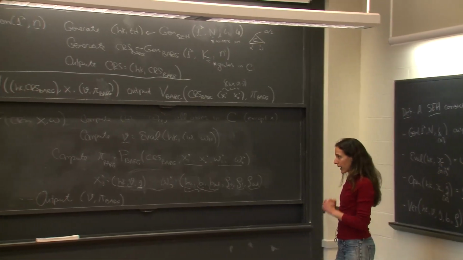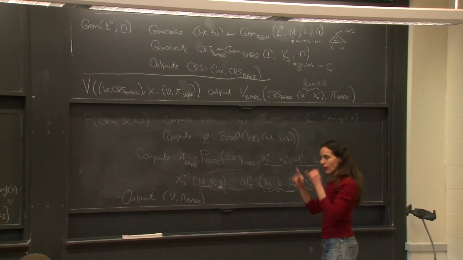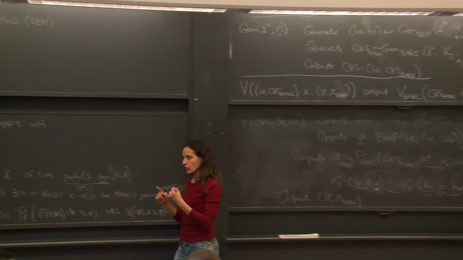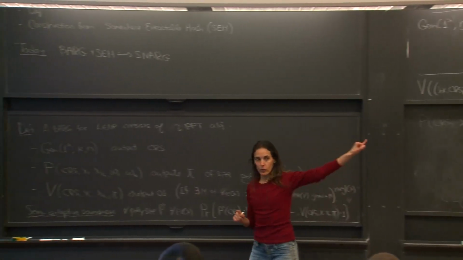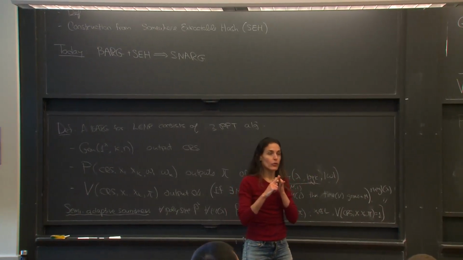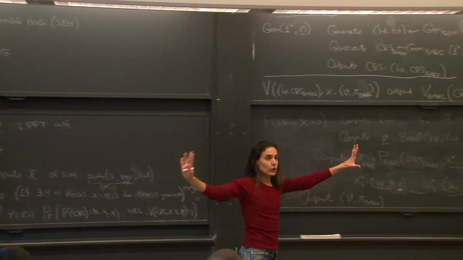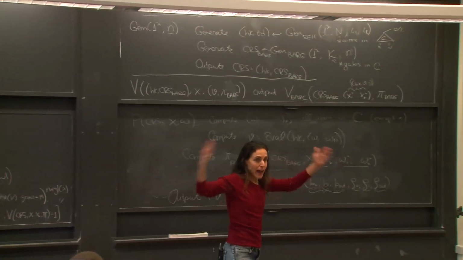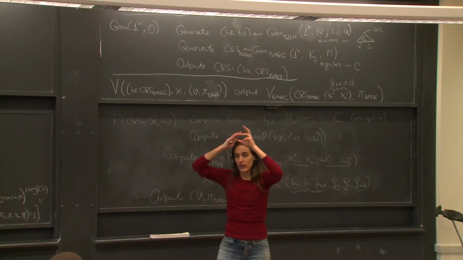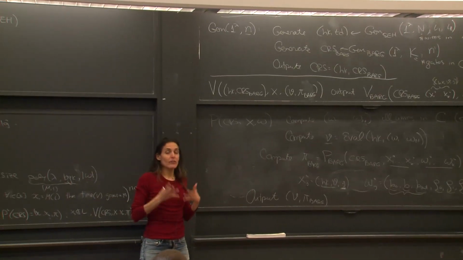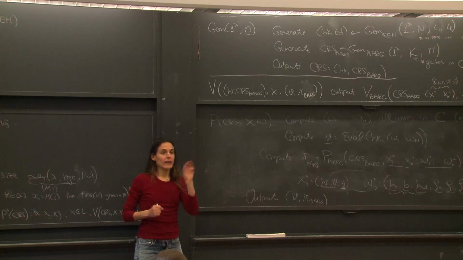Again, what is the SNARG? In the CRS generation, you generate a hash key for the somewhere extractable hash, and you generate a CRS for the BARG. The prover computes the values of all the wires in the circuit, hashes it using the hash key to generate a hash value V, and then he gives a BARG that all the gates are satisfied.